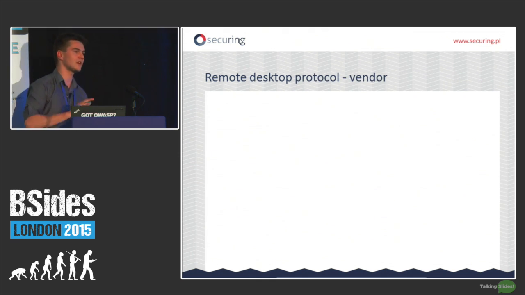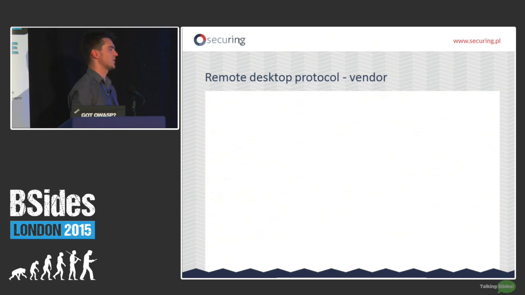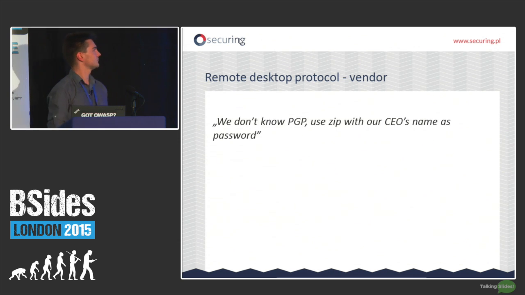Communication with this vendor was really hard. We tried to send them our report, and we tried to encrypt it, but they didn't know PGP. They asked us to use a zip file with the CEO's name as a password, but when we opened their website, there were 5 CEOs in this company.